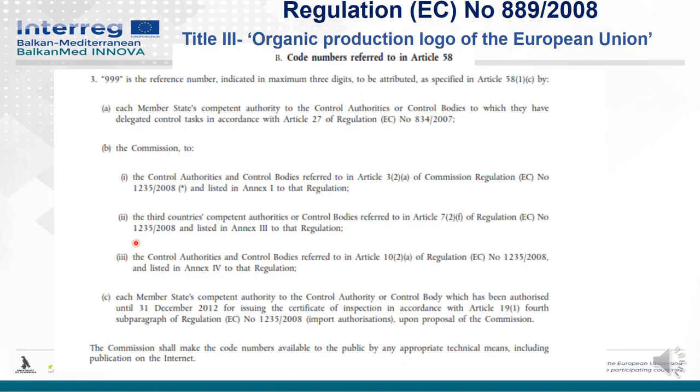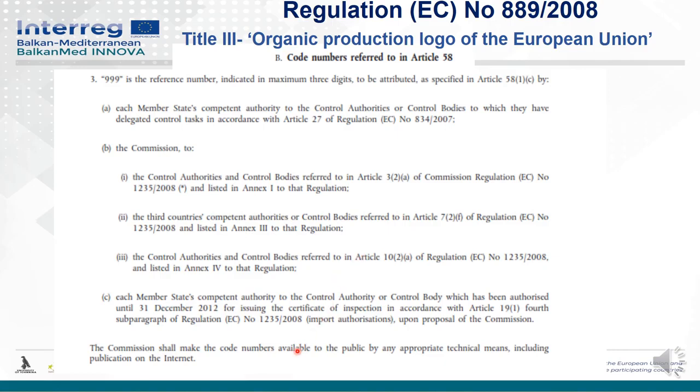1235, which is sometimes called the regulation which regulates the imports from third countries. The control authorities and control bodies are referred to in another article, which is Article 10, paragraph 2 of the same regulation that I mentioned previously, and listed in Annex 4 to that regulation.